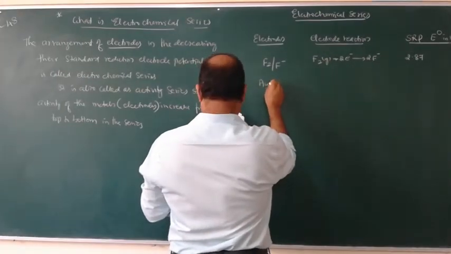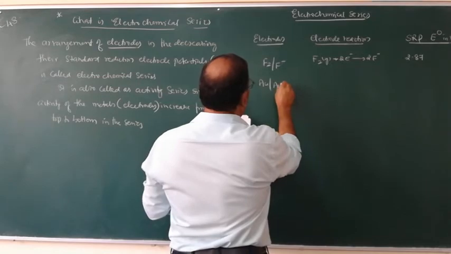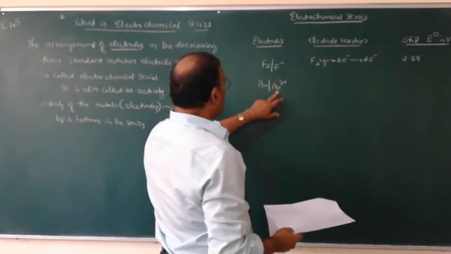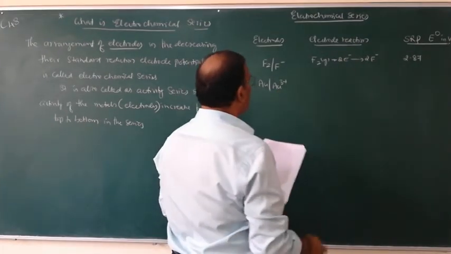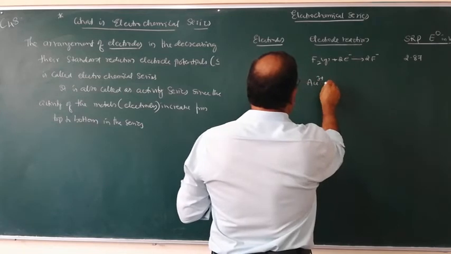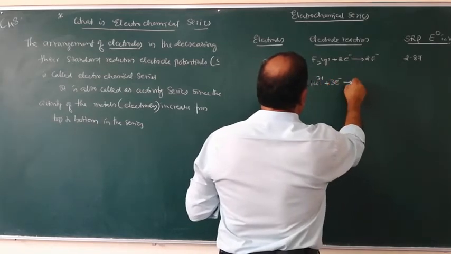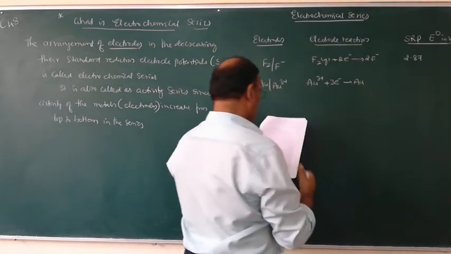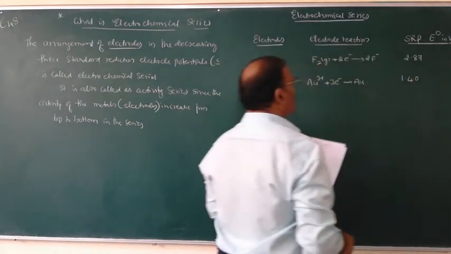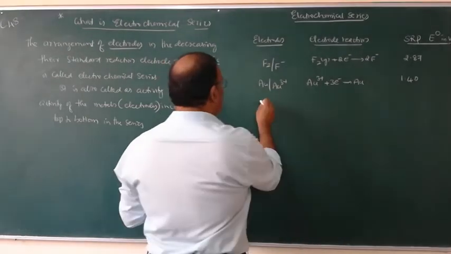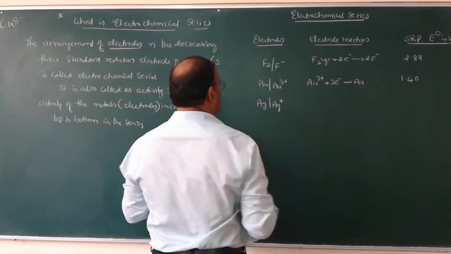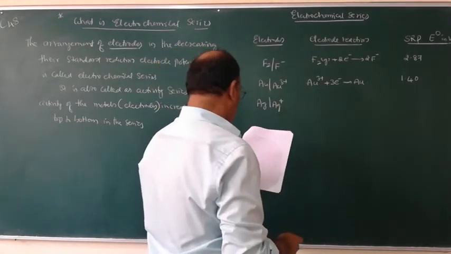Au bar Au3 plus, gold in contact with gold ions. The reduction reaction is Au3 plus plus 3 electrons gives Au. The reduction electrode potential is 1.40 volt. Similarly Ag bar Ag plus, silver in contact with silver ions.